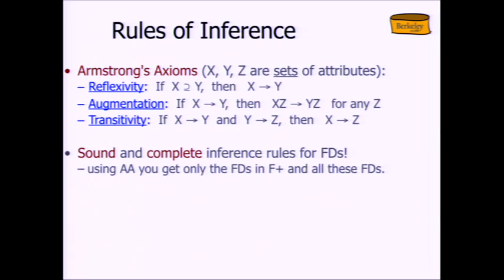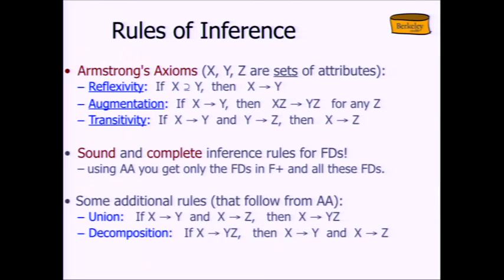If we want to find the closure of some set of functional dependencies F, we can just use these axioms to get from F to our closure. From Armstrong's axioms, you can also derive the rules of union and decomposition. Union, where you can take 2 functional dependencies from one column and combine them, and decomposition, where you can do the reverse.